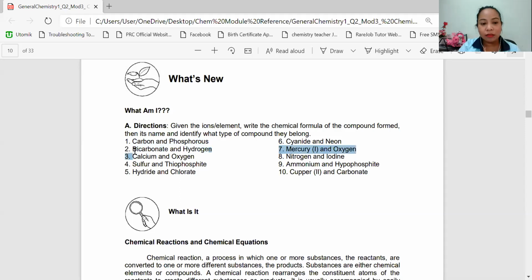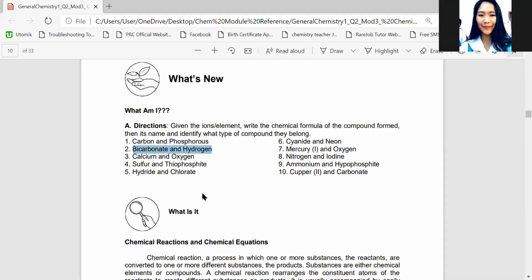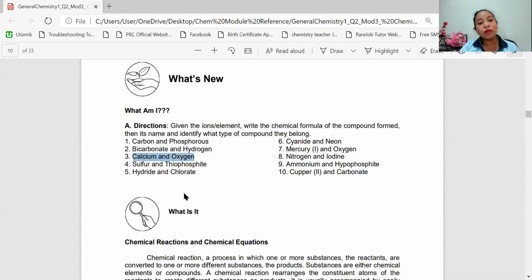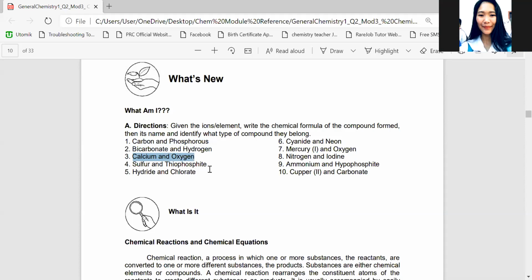Then, bicarbonate and hydrogen becomes carbonic acid, which is an acid. Calcium and oxygen becomes calcium oxide, and it is a binary salt of metal and non-metal.